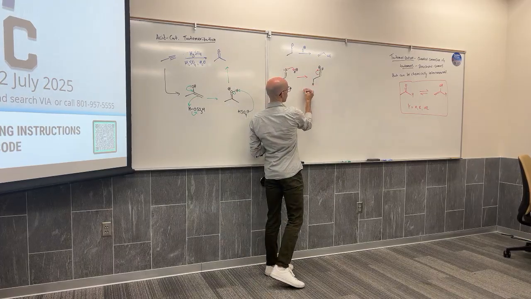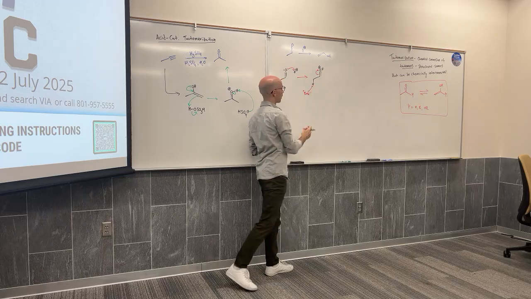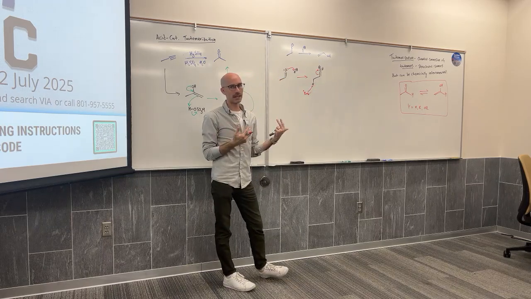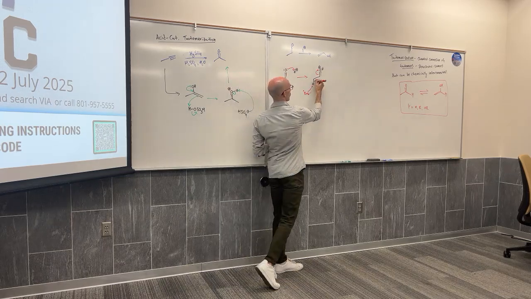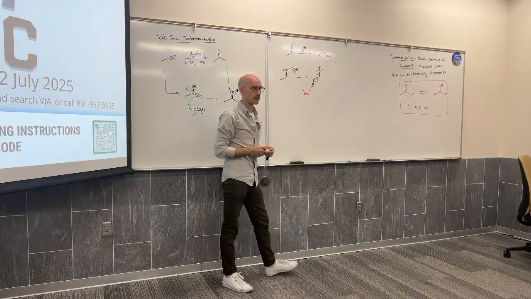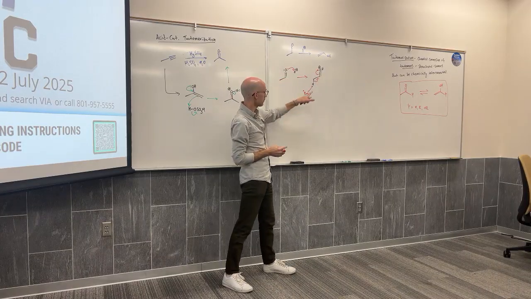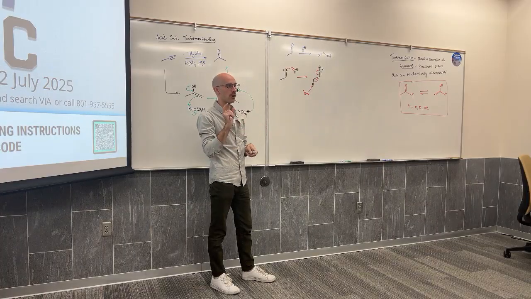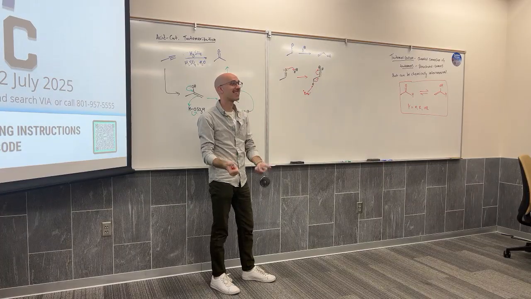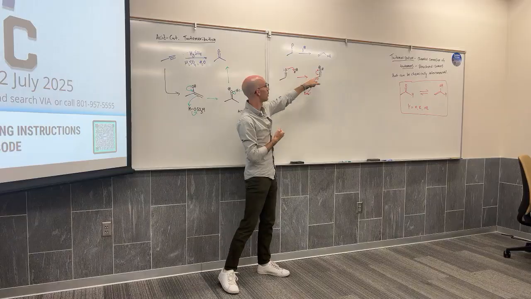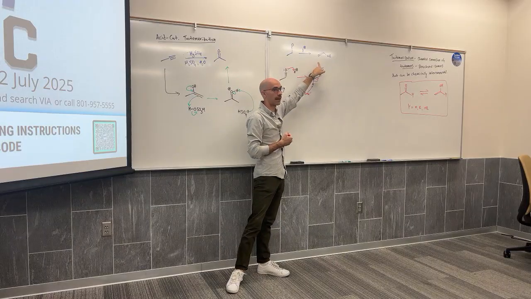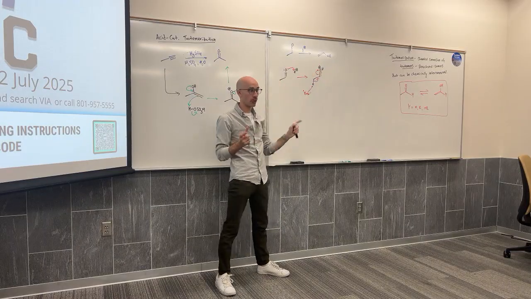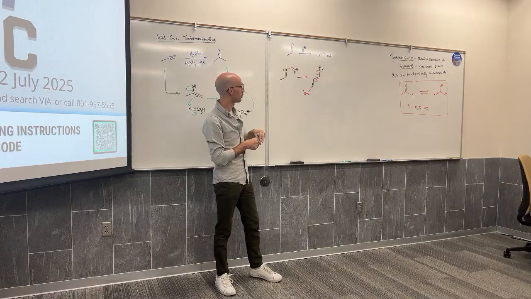Some base is going to take this hydrogen, but I don't have a base to show, so I just show the CH bond breaking to form an alkene, and the oxygen taking the pi bond back. Remember, when a bond breaks, it breaks to the more electronegative atom. So when the C=O double bond breaks, it needs to break to the oxygen.